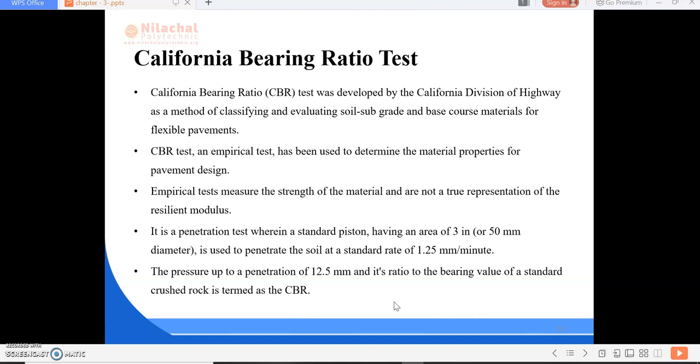It is a penetration test wherein a standard piston having an area of 3 in² or 50 mm diameter is used to penetrate the soil at a standard rate of 1.25 mm per minute. The pressure up to a penetration of 12.5 mm and its ratio to the bearing value of a standard crushed rock is termed as the CBR.